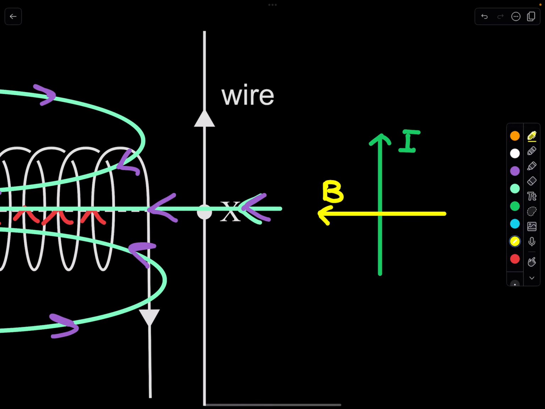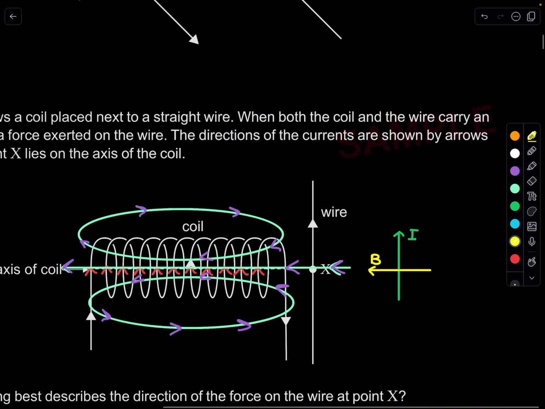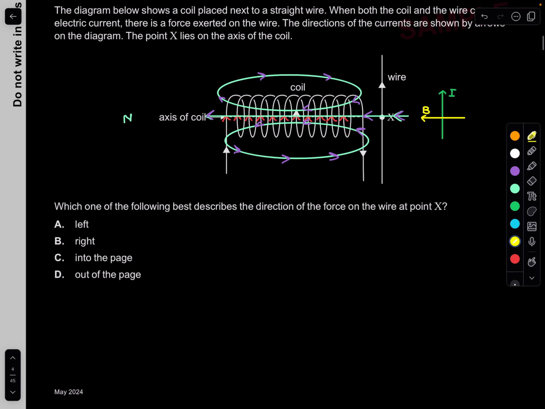Your thumb is the direction of the current, so it has to be up. Your fingers are the direction of the magnetic field, which goes to the left. And your palm is the force. So from my hand, it's coming out of the page. Beautiful. So D is your answer.